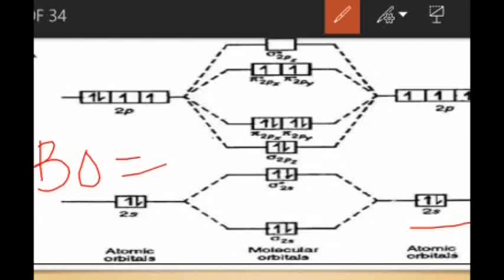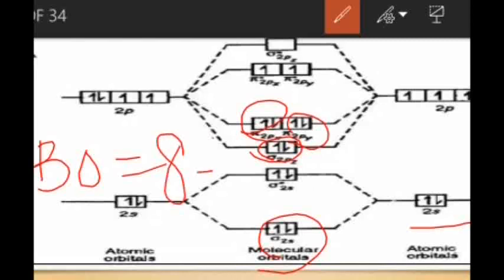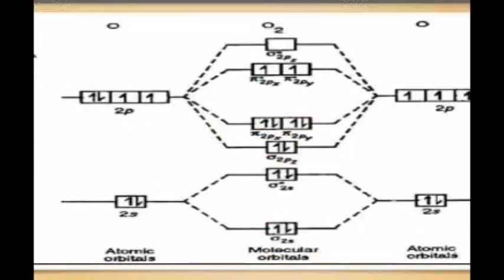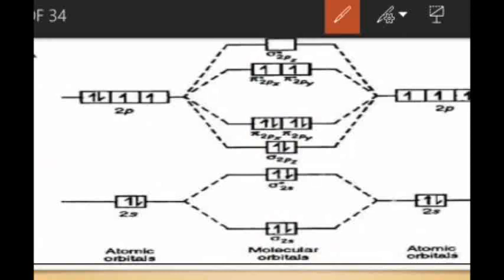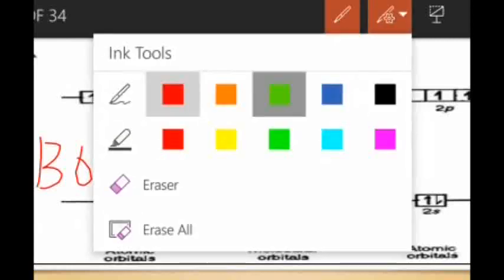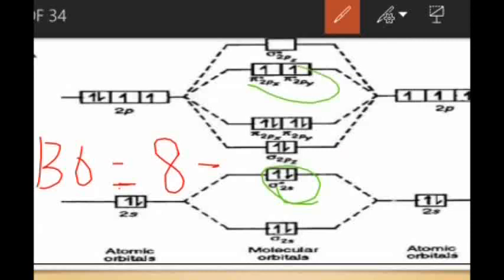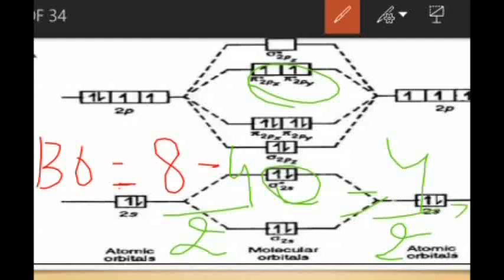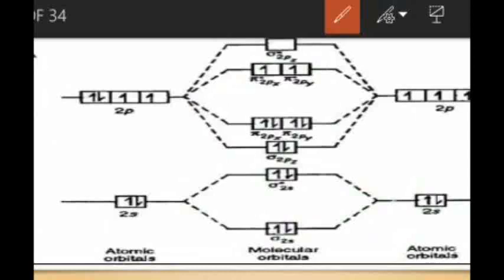Count the electrons in bonding molecular orbitals: 2, 2, 4, 2, 6, 2, 8, so 8, minus the electrons in antibonding. Bond order equals 8 minus 4, divided by 2, equals 4 by 2 equals 2. 2 is the bond order.